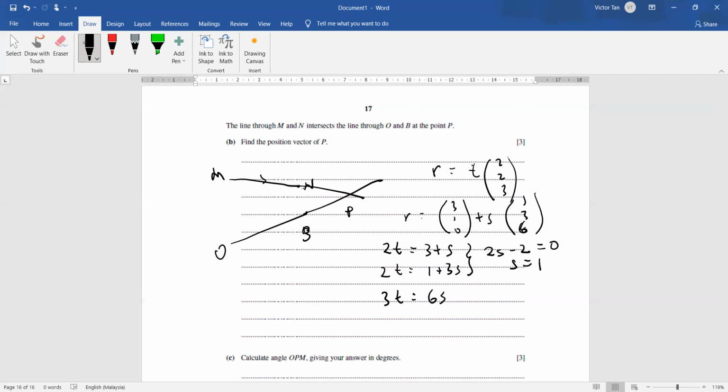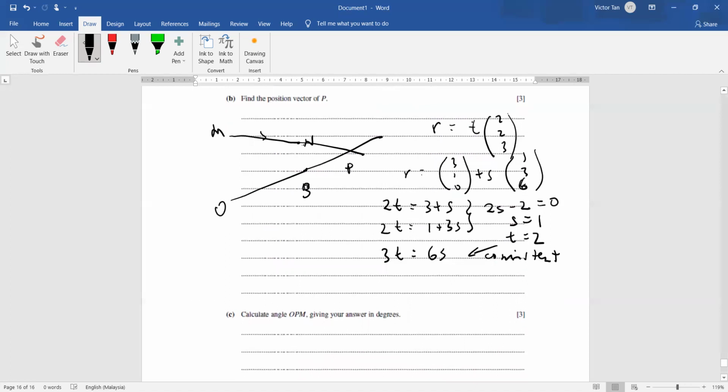So when s equals 1, t equals 2. So this is consistent. So the position vector of P, this is when t equals 2. So OP would be (4, 4, 6).